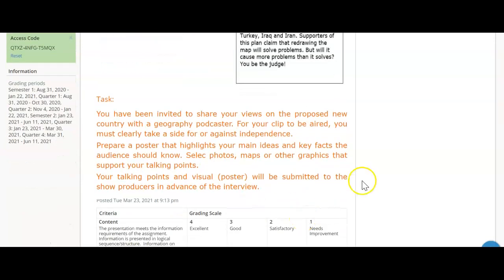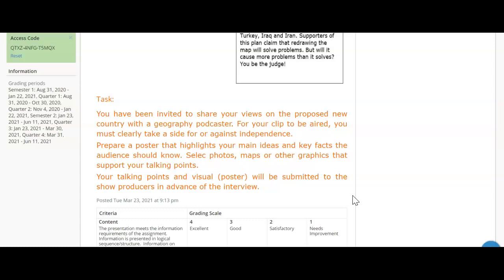Your task is you've been invited to share your views on the proposed new country with a geography podcaster. In order to make it onto the show and have your clip aired, you must clearly take a side for or against independence.